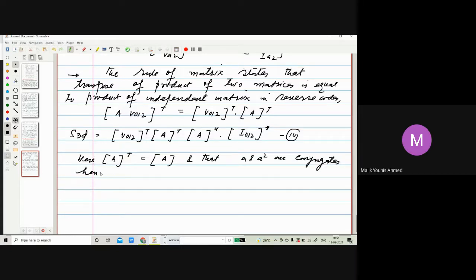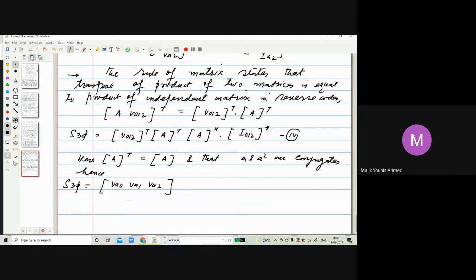Hence the transpose of A is itself A. A is a conjugate of A square, and A square is a conjugate of A, in other words. So for three phase, we can further write the three-phase power as VA0, VA1, VA2, multiplied by A, just a second, yes.